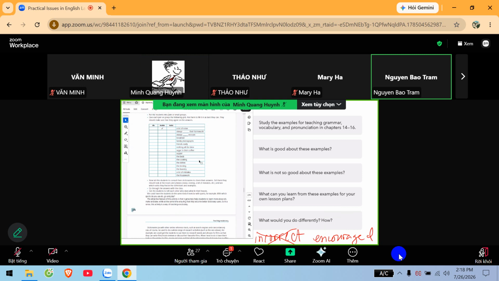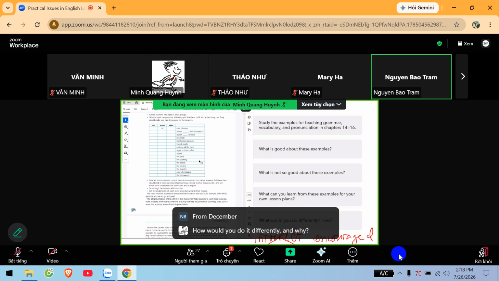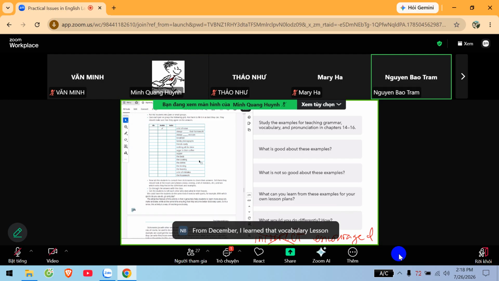From the example, I learned that vocabulary lessons should be interactive and meaningful. Students remember new words better when they use them in real communication through practical tasks. I also learned that pair work and group work increase student participation and make the lesson more learner-centered.